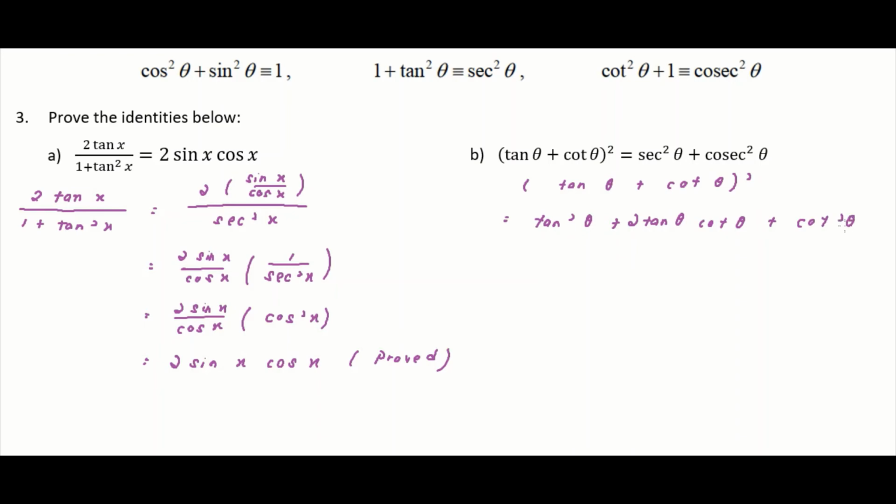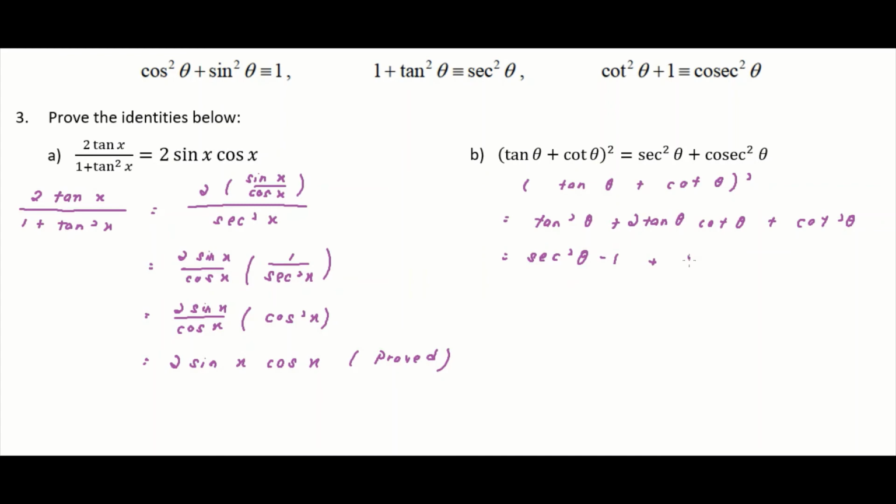Now you can continue. You need secant square and cosecant square, so think of the way that you can change it. For tangent square theta, by using this identity, you have secant square theta minus 1, because you want tangent square, so you move negative 1 over here.